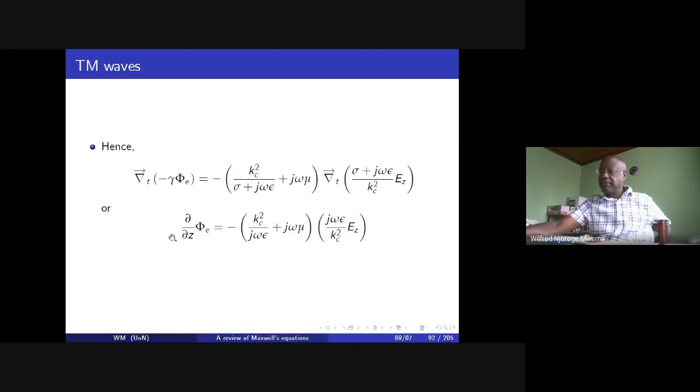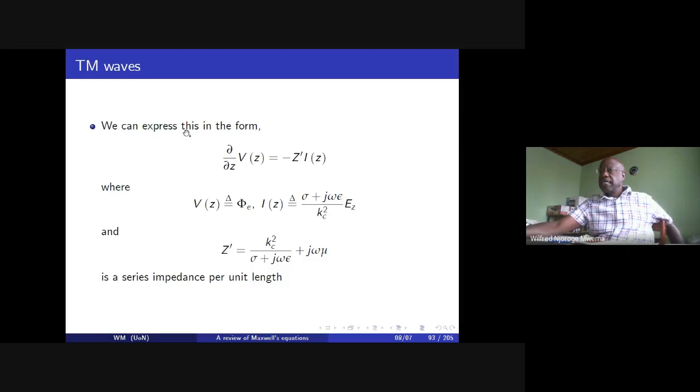Therefore the derivative of phi_E with respect to z is just going to be given by the minus of kc squared over (sigma plus j omega epsilon), I think here I've left out the sigma, but it should be there, plus j omega mu, and multiply by (sigma plus j omega epsilon) over kc squared Ez. The reason why it has been dropped out is that we are assuming that the material is lossless, or we can take this epsilon to be a complex value.